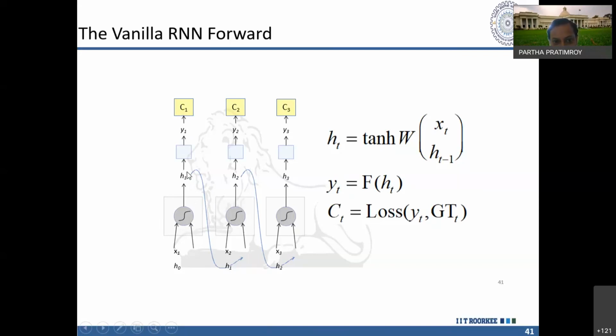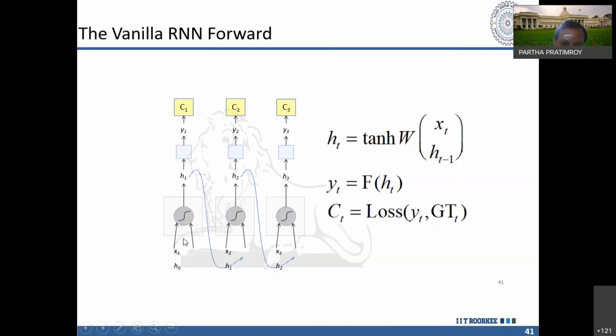This h is basically the summation of weight times xi plus b. That's what you do in multilayer perceptrons, and then you can apply an activation function also. In a neural network you use sigmoid, tanh or ReLU, all of these. Here you can also use tanh or sigmoid, anything.